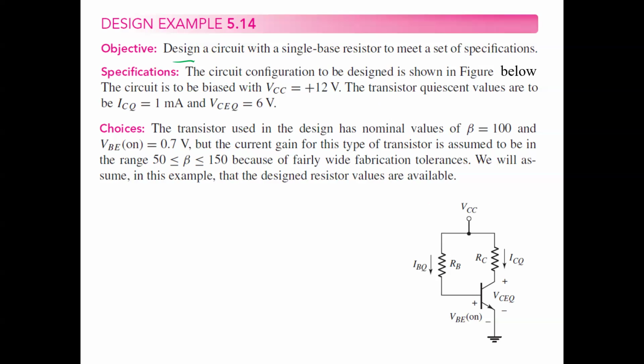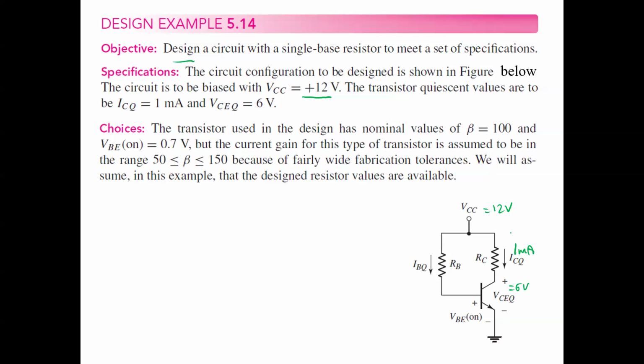So the specifications we have are VCC equals 12 volt. So we know the supply voltage here. The transistor quiescent values are ICQ is 1 milliampere, so we know the current here is 1 milliampere. And also VCEQ is 6 volts. So we know the current and VCE of this branch right here.